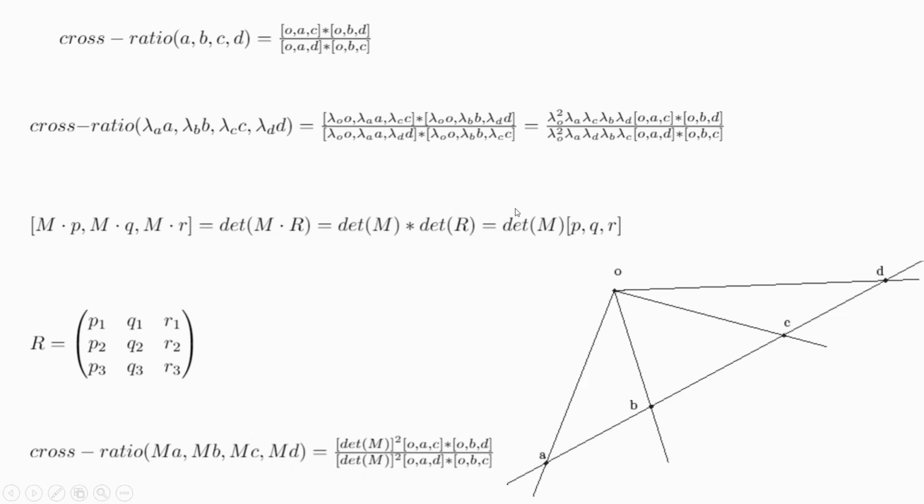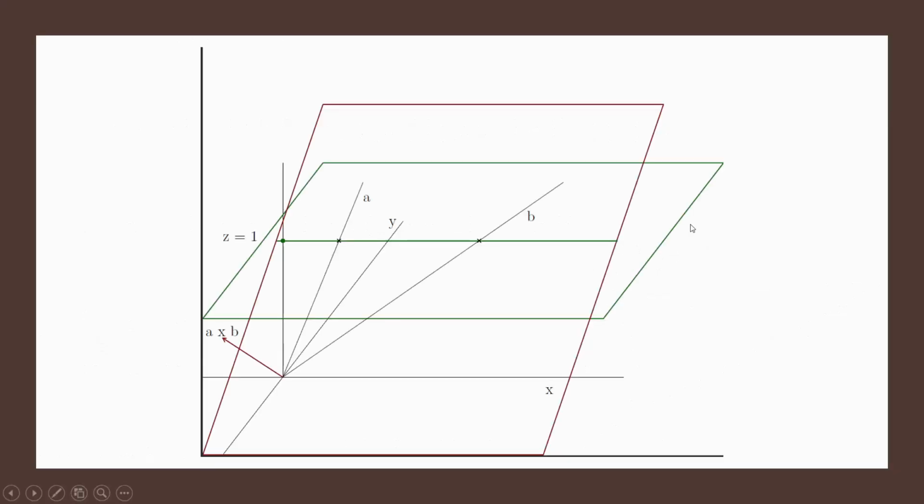Alright, now we need to show that this cross ratio will result in the same value as the cross ratio defined before. For that we need some pictures. Okay, here we see the projective plane. I've indicated it in green. It's the z=1 plane. It's a little square here, but of course it goes on to infinity.